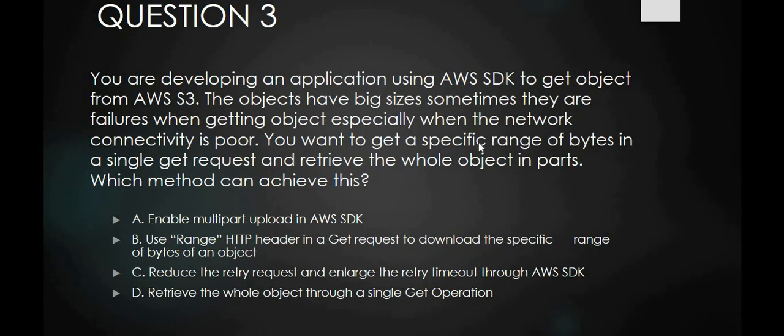What you want to achieve is already in the question: you want to get a specific range of bytes in a single GET request. Now letter D is saying retrieve the whole object through a single GET operation. This is even like the default that you have there, and this is already not working. So the answer is letter B.